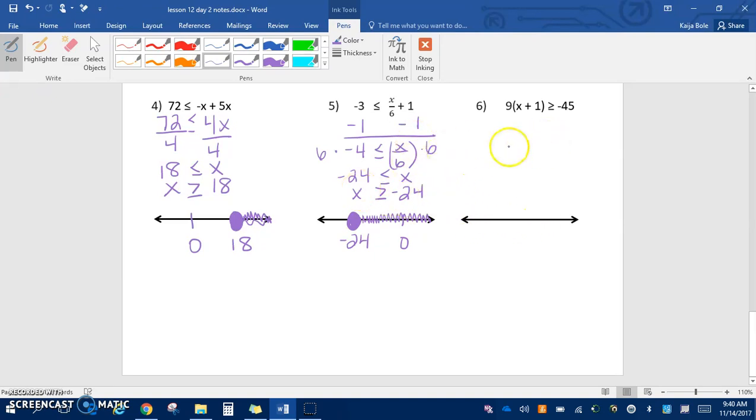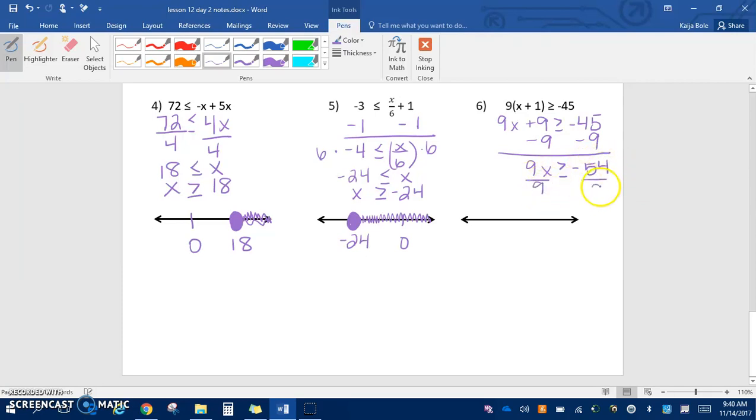Alright, and then our last one here, we have 9 times the quantity x plus 1 is greater than or equal to -45. So I have to distribute, so I'll have 9x plus 9 is greater than or equal to -45. Subtract 9 from both sides. So I have 9x is greater than or equal to -54.